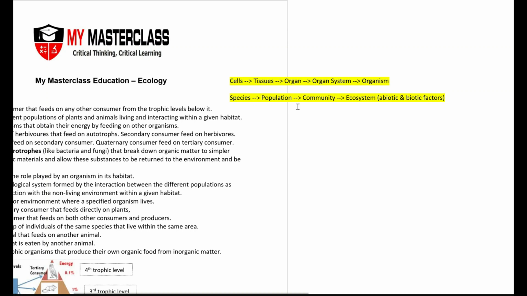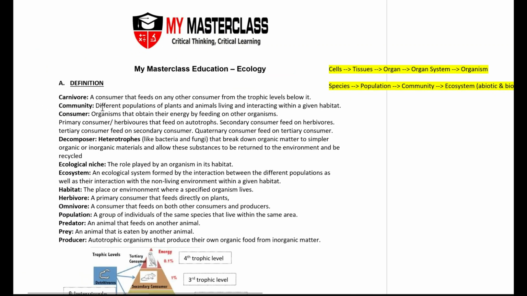Okay, so pretty much you have these here. We have species, and subsequently our population. Population is a group of individuals of the same species and must be in the same area. So if I have a group of zebras in Africa versus a group of zebras in Australia, they are not considered to be a population together.